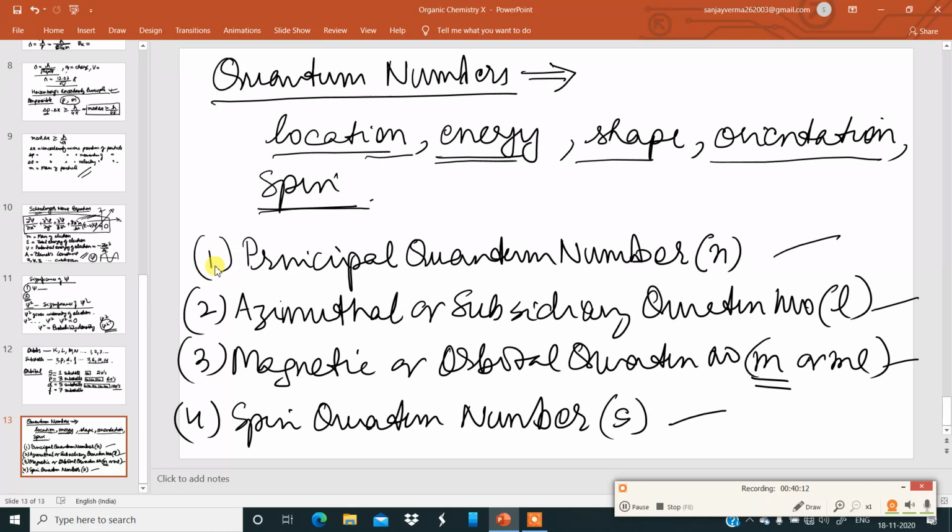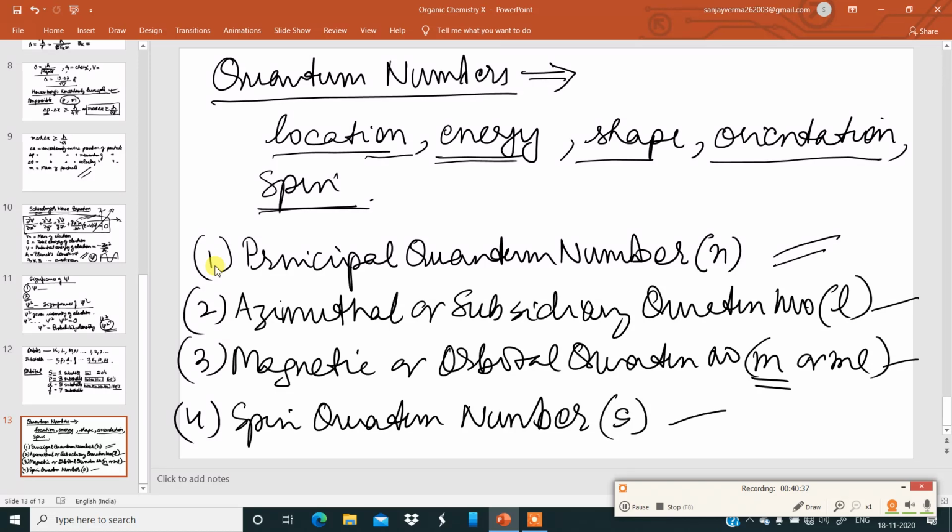Now the detailed explanation of these quantum numbers I shall do in the next video lesson. But let me briefly tell you a little bit about these quantum numbers. The principal quantum number, the first one, describes the average distance of the electron from the nucleus.